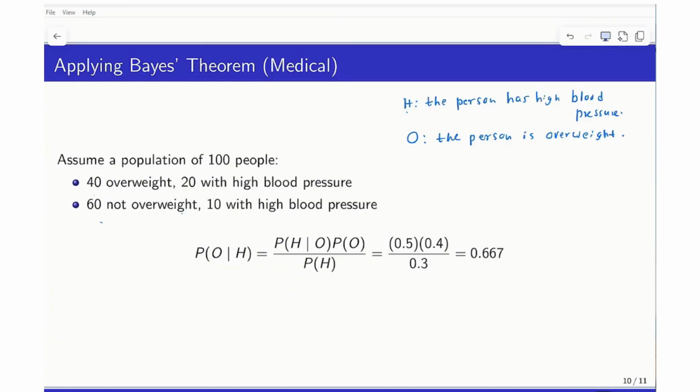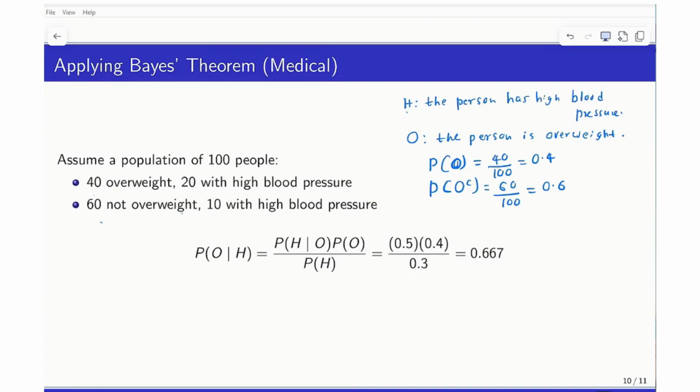Let's convert this statement into probability notation. The probability of overweight, O, is 40 out of 100, that means 0.4. The probability of not overweight, the complement OC, is 60 out of 100, 0.6.